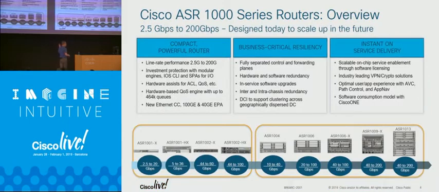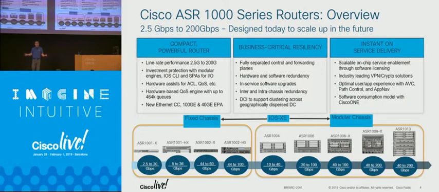So this is the overview of the ASR 1000 current product family. We have a fixed chassis. We have a modular chassis. They are running IOS XE as the operating system. They're compact, powerful routers. They can scale performance-wise from 2.5 Gbps to 200 gigabit per second.